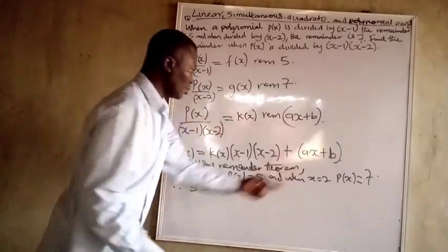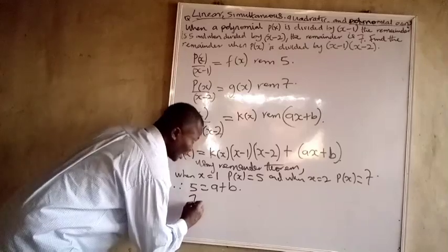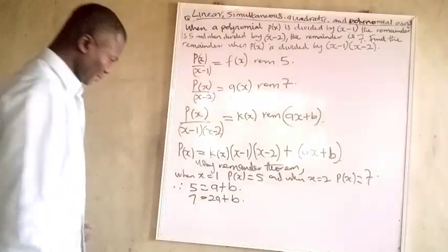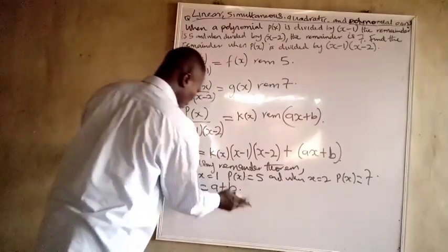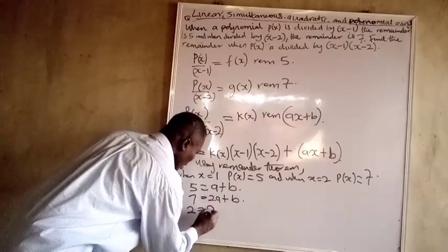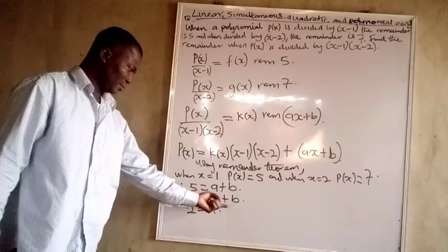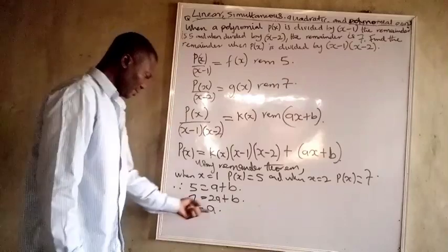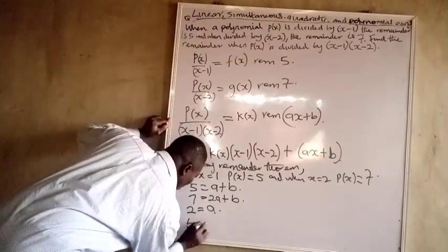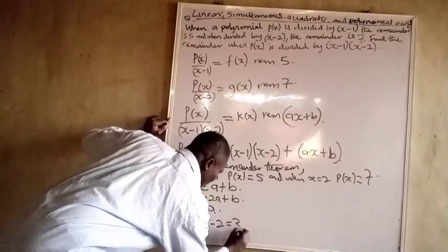For the second one, when x equals 2, 7 is equal to 2a plus b. Now let's find our a and b. Let's subtract this one from this one. So we have 2 equals a. Our a equals 2. Now, what's our b? b will be equal to 5 minus 2, which is equal to 3.